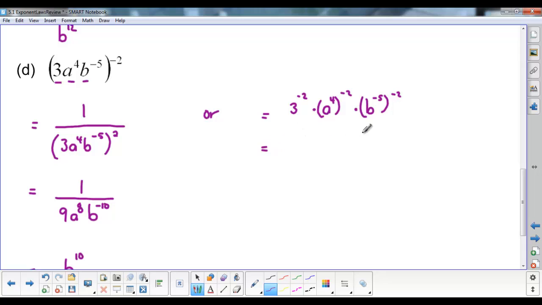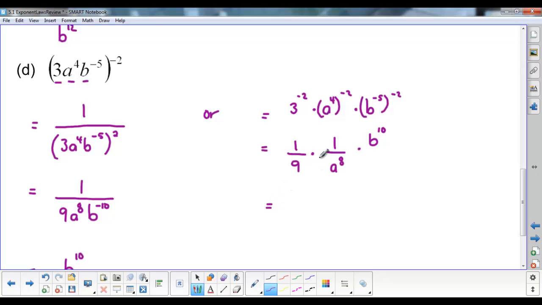Now if we evaluate each one of these things separately, this becomes 1 over 9. Then a to the power of 4 to the power of negative 2, we multiply, so that becomes a to the power of negative 8. And if we changed it to positive exponent, it would be 1 over a to the power of 8. And then finally, we'll keep the base b, and then negative 5 times negative 2 gives us positive 10.